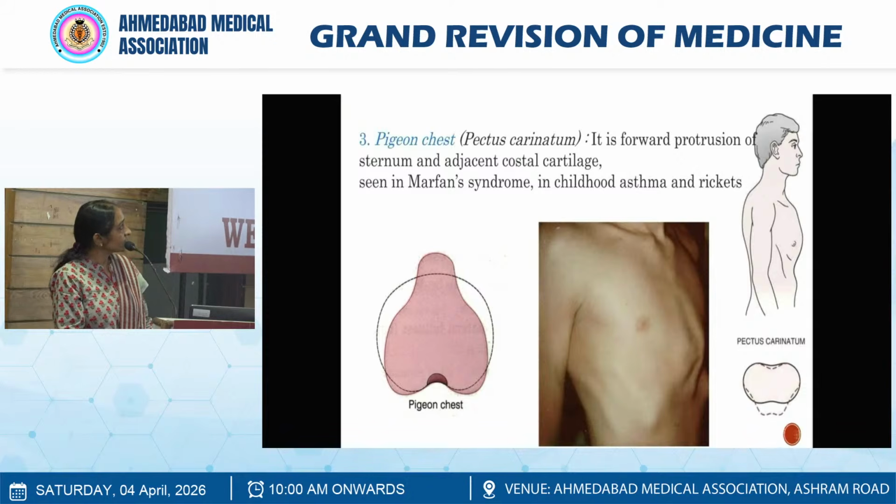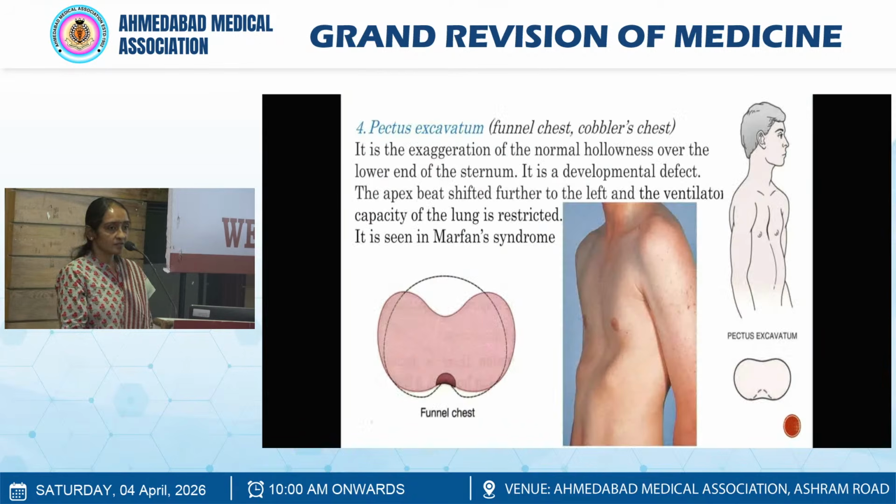Pigeon chest, also called pectus carinatum, is a forward protrusion of the sternum and adjacent costal cartilages. It is seen in Marfan syndrome, childhood asthma and rickets. Pectus excavatum is a funnel chest, also called cobbler's chest.